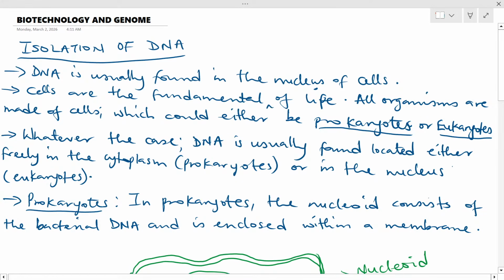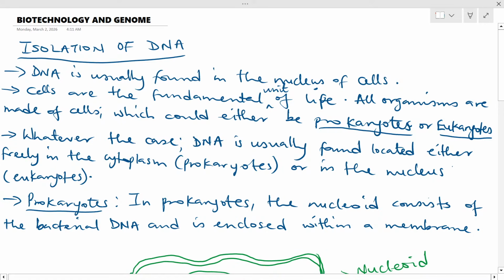Cells are the fundamental unit of life. So all organisms, as long as they are living, are made up of cells. And these organisms could either be prokaryotes or what? Eukaryotes.